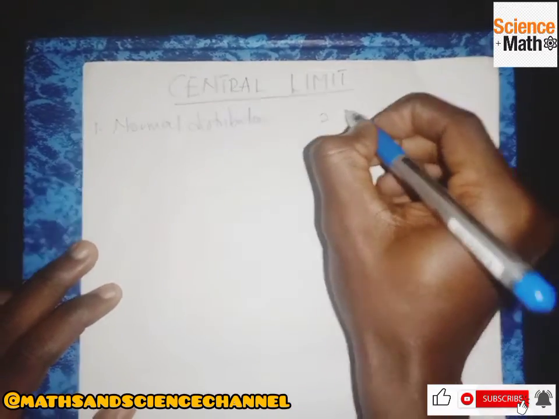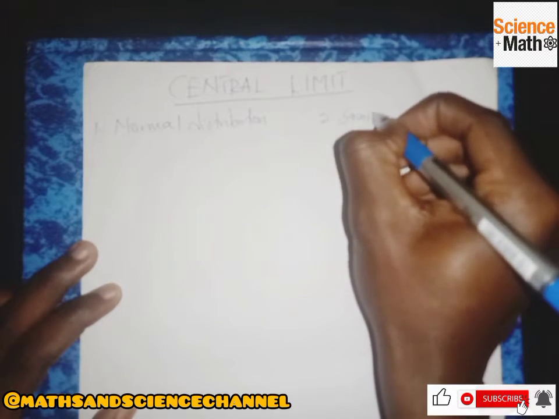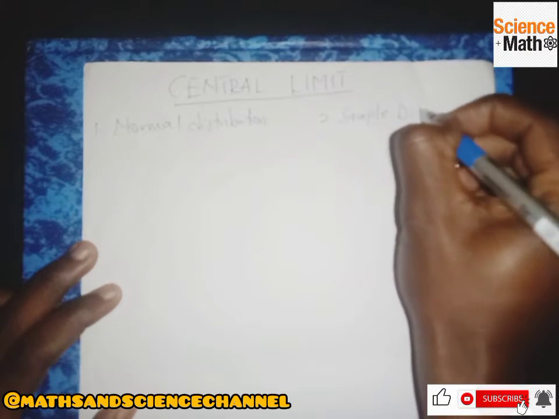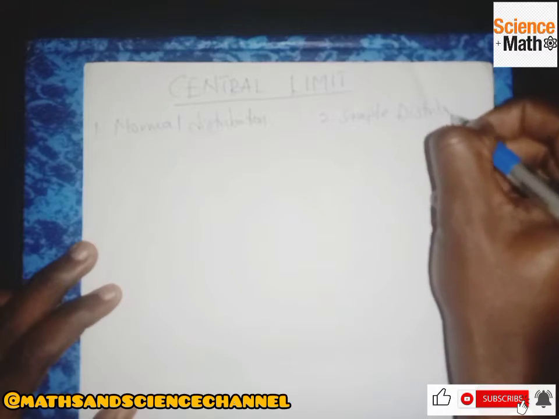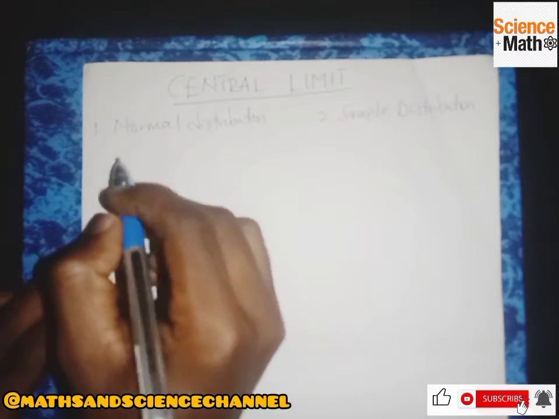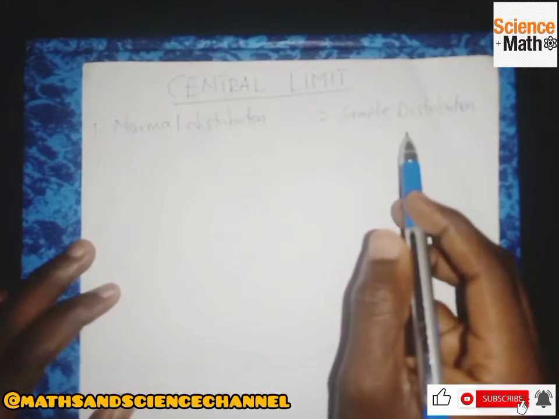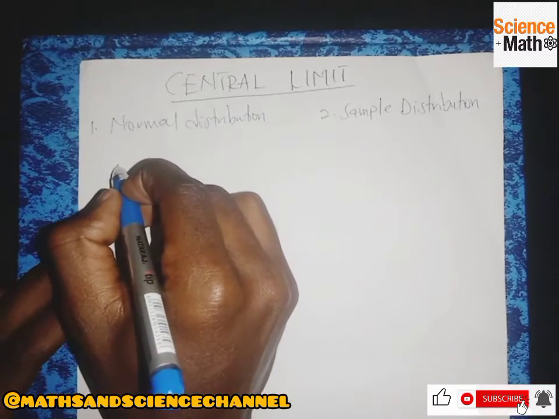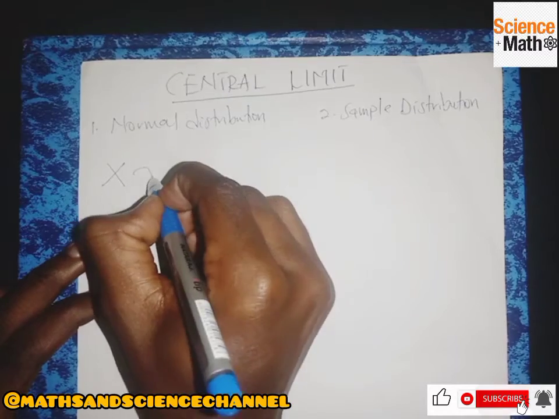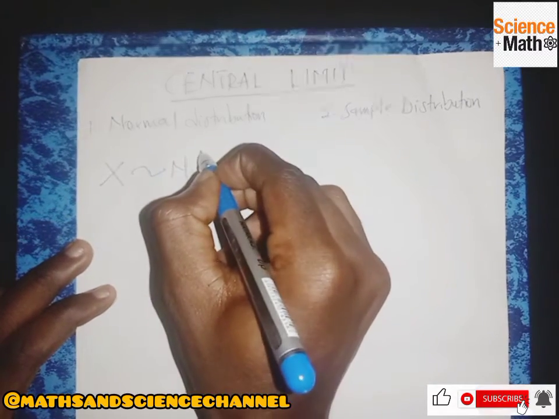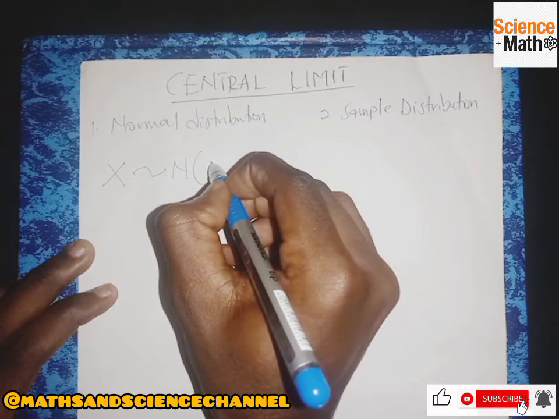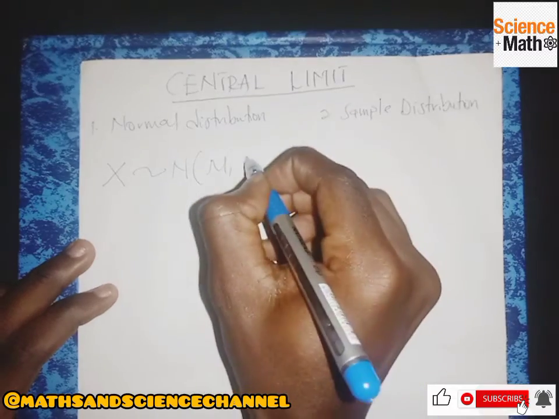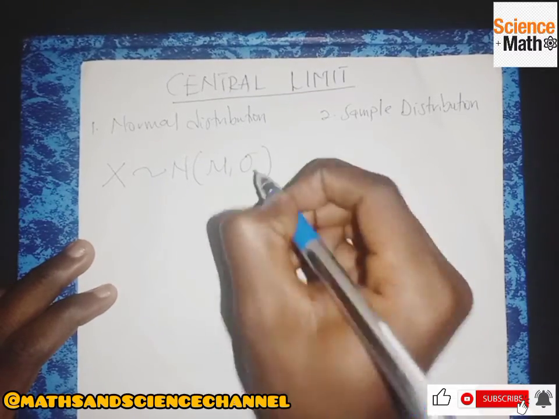And then we have the sample distribution here. Now we have the normal distribution, also the sample distribution. With the normal distribution, X approximates the normal distribution, which is given by the mu and also the standard deviation.